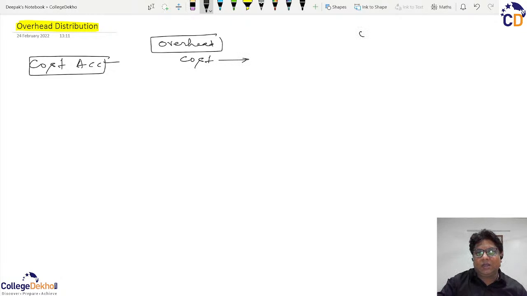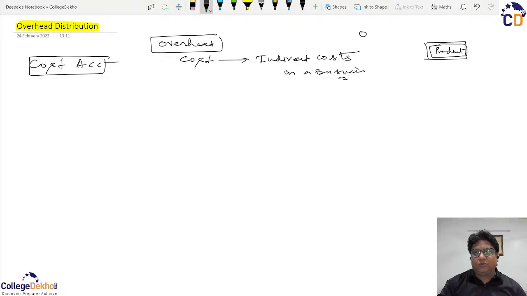I told you earlier that overhead cost is actually the indirect cost, all indirect costs associated with a business. When a business entity is creating a product, some of the expenditures are incurred directly with the product and can be directly related to it, which we call direct cost, or commonly the prime cost.